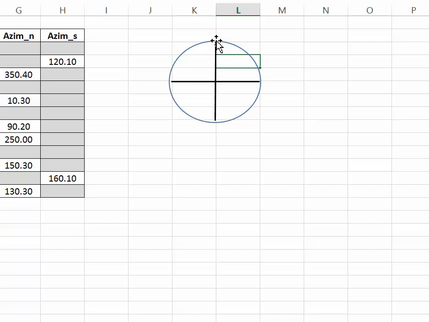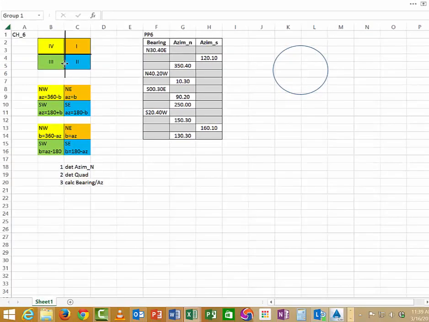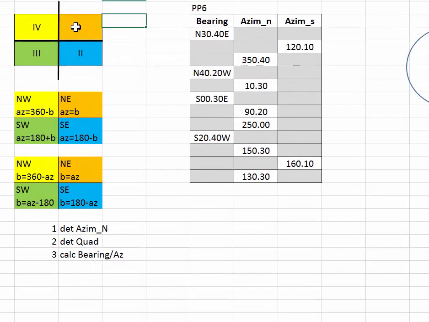Okay, and so just taking this thought of quadrants over here, we can label these. I think they're labeled backwards from high school geometry. So if we label them quadrant 1, 2, 3, and 4, then we can make some general rules about converting from azimuths to bearings and bearings to azimuths.